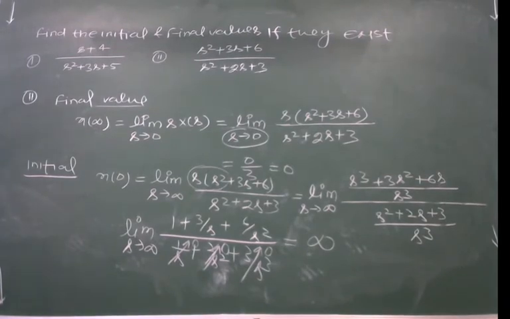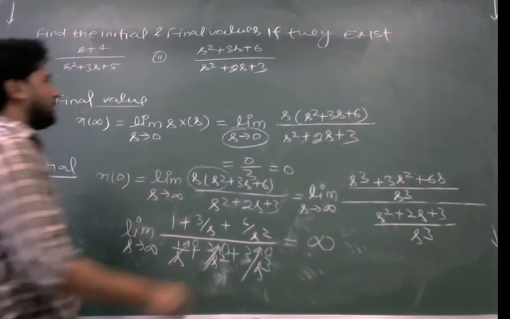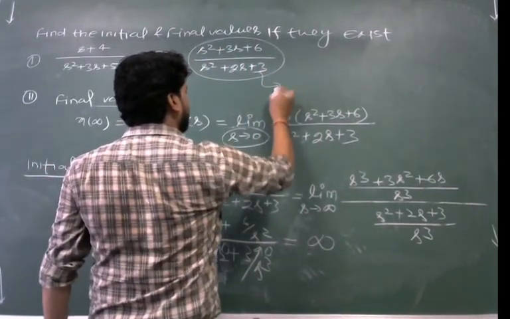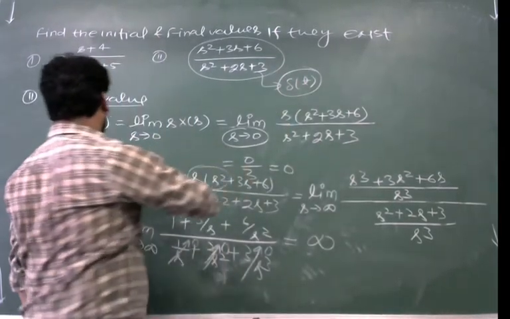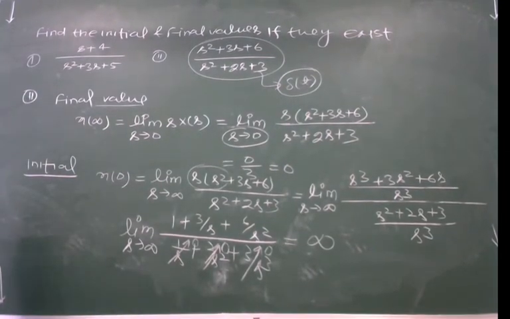This is why we can say the initial value of the time function will not exist, because when we take the inverse Laplace transform of this relation, we will get delta t.